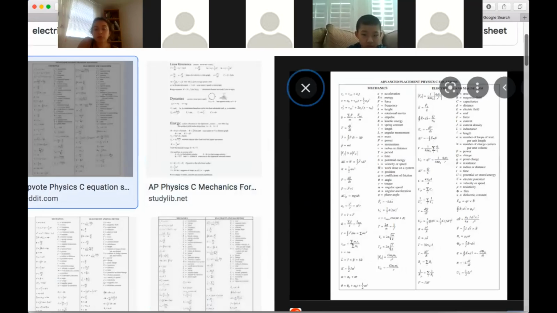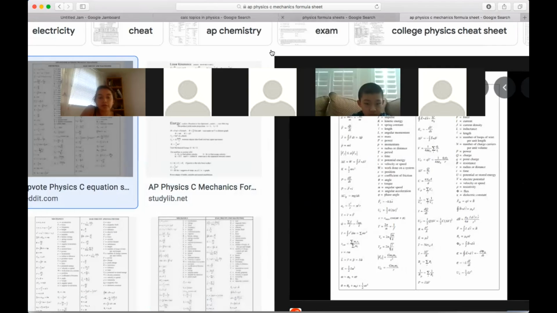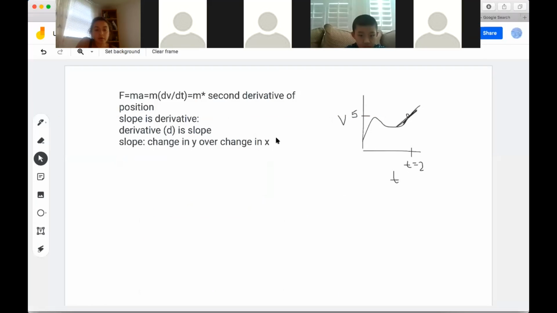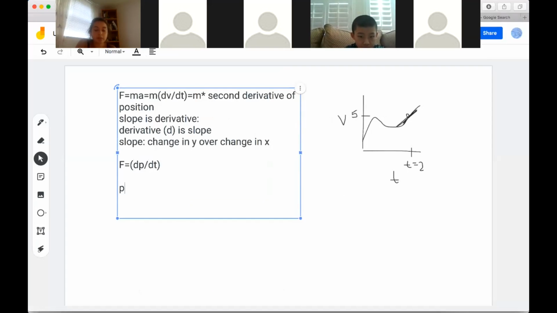And P equals momentum, which we'll go into in later videos, but we'll just give an overview here. Basically, if you're given the momentum, you can take the change in momentum over the change in time, and that will give you the force.